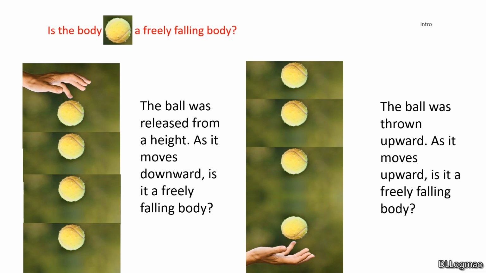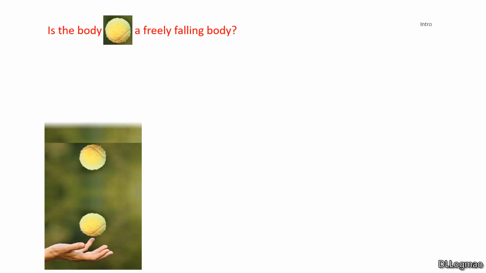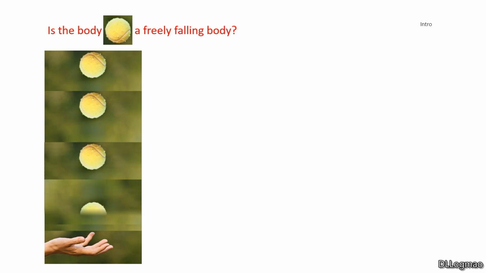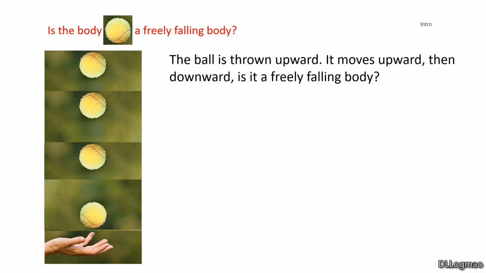At this moment, I will not confirm nor negate your answer, and I want you to find out as the video lesson progresses. Considering the entire motion of the ball thrown upward, that after moving upward, it then moved downward, is the ball a freely falling body?